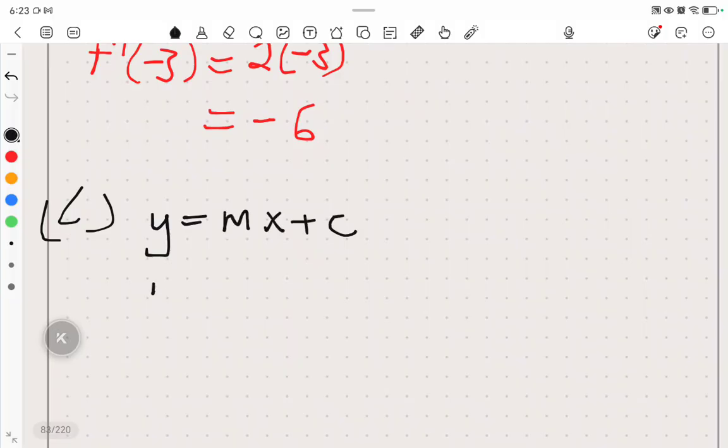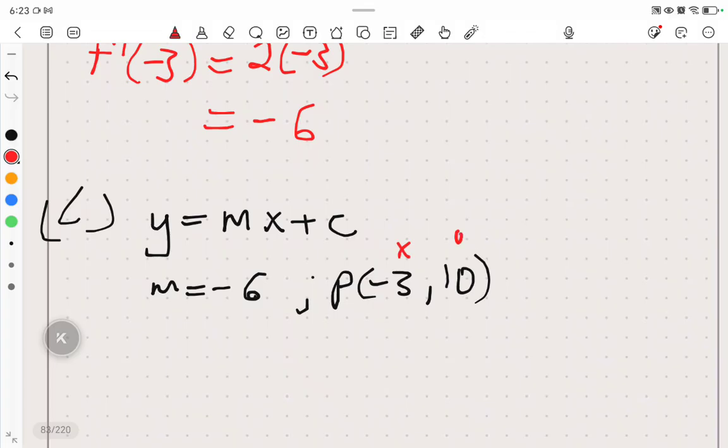And we know that m is equal to minus 6. Yeah, and also we have where P is this, right? Minus 3, 10. And this is our x value, this is our y value.